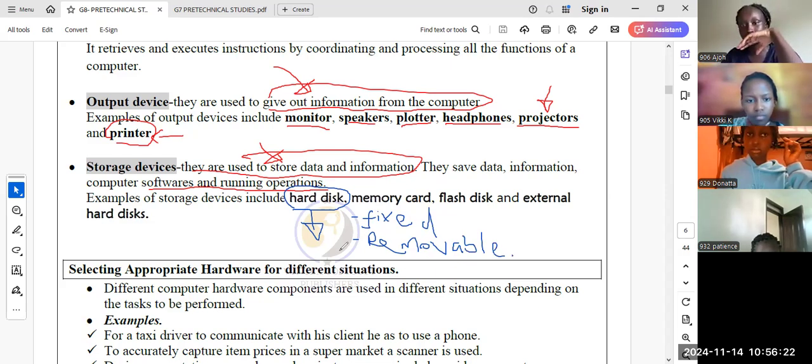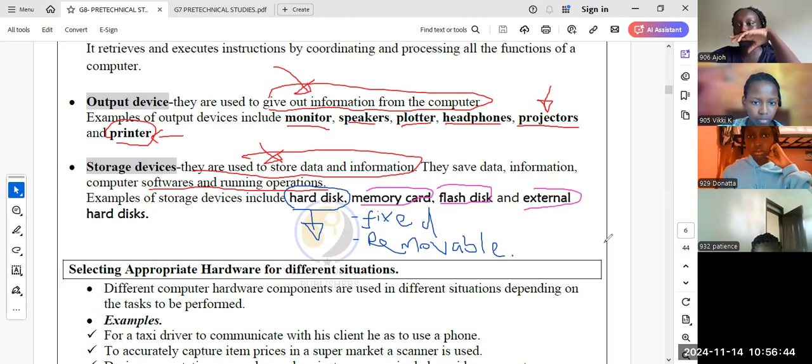Then we have the removable ones, which you can move around the computer lab from one place to another, like a flash disk. A flash disk is an example of a removable storage device. We have a memory card, which is removable, and we have the external hard disk. So you should know the categories.